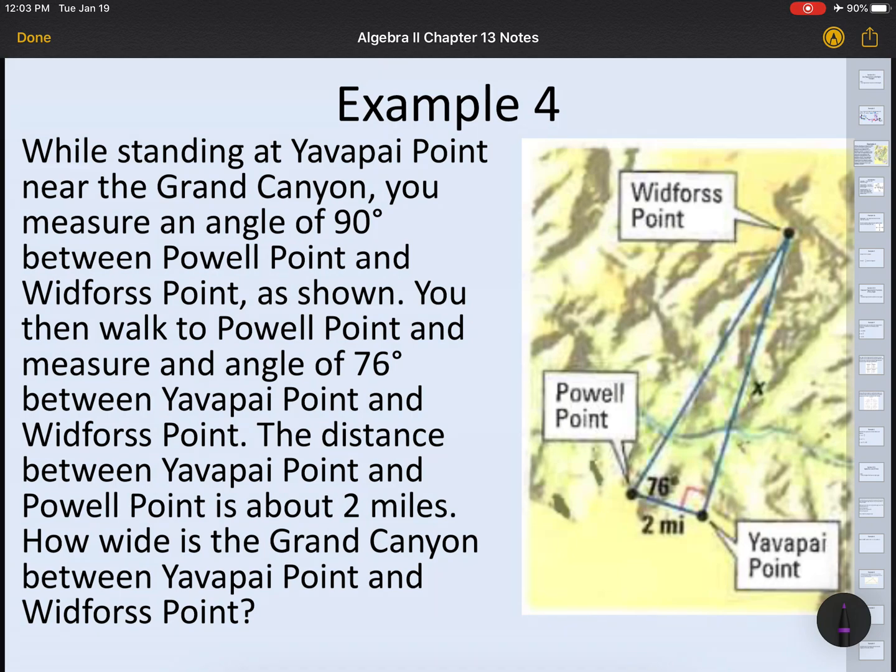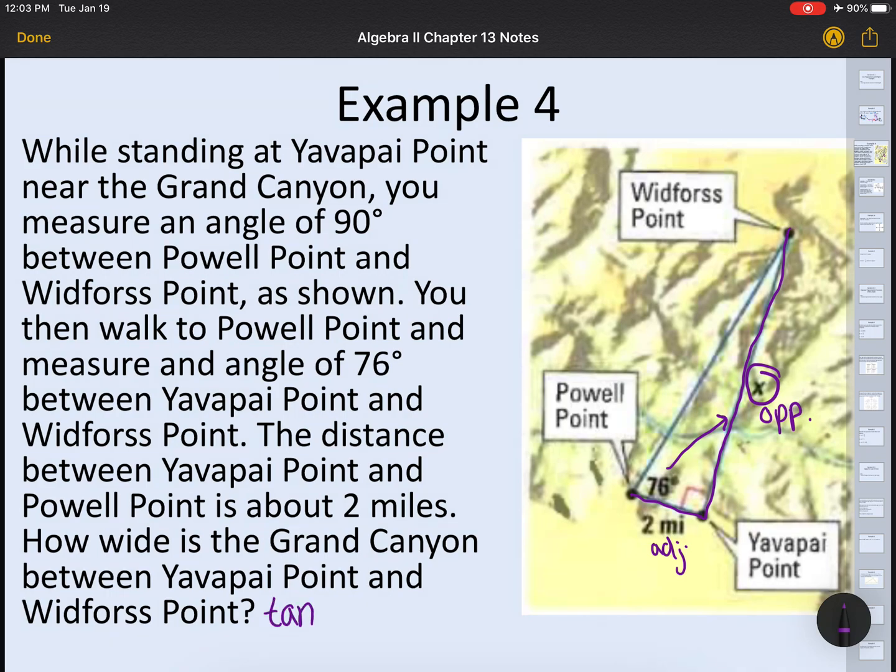Okay, so they outlined the triangle for you, and we're trying to figure out x on this side. So we know an angle, and if we look, x is the side opposite of that angle, 76 degrees, and we do have the adjacent. So what ratio uses the opposite side and adjacent side? Well, that's the tangent.